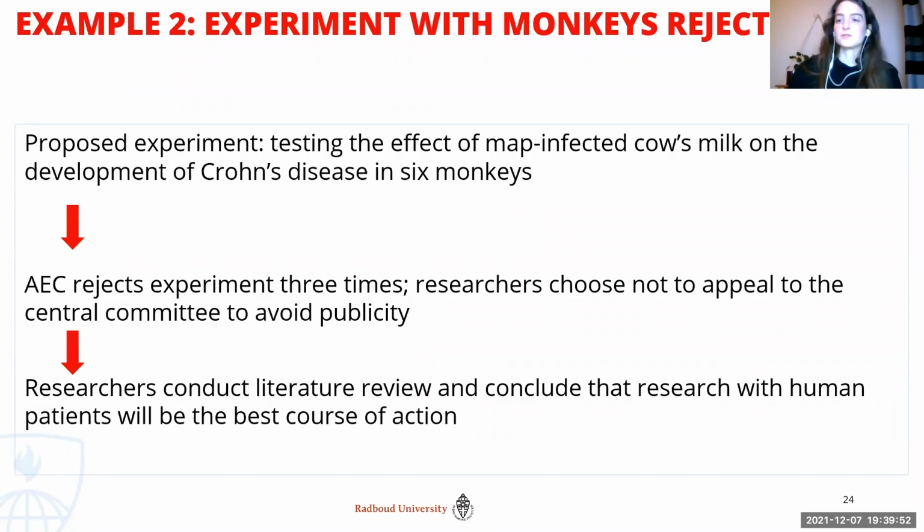And they also said, even if you were to do this with humans instead of monkeys, it still would not give you valuable results, because it's so far removed from the real life situation, because the dosages were so high that it still wouldn't tell you anything about humans who actually have Crohn's disease.